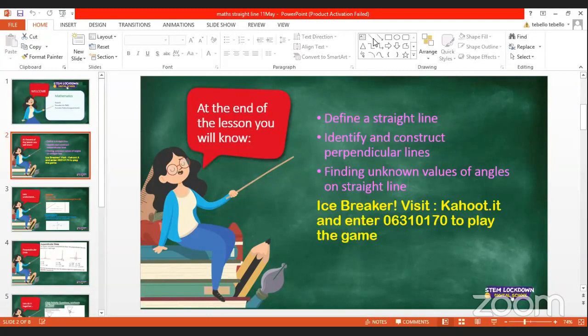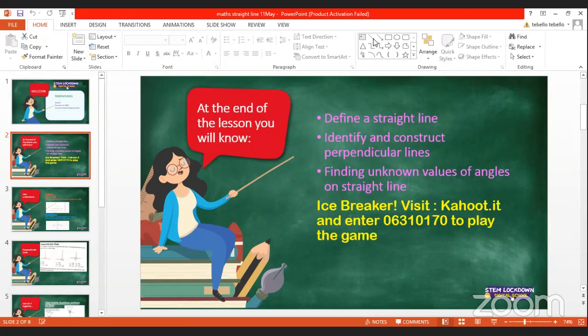So question number 2: perpendicular lines can only form 2 right angles.